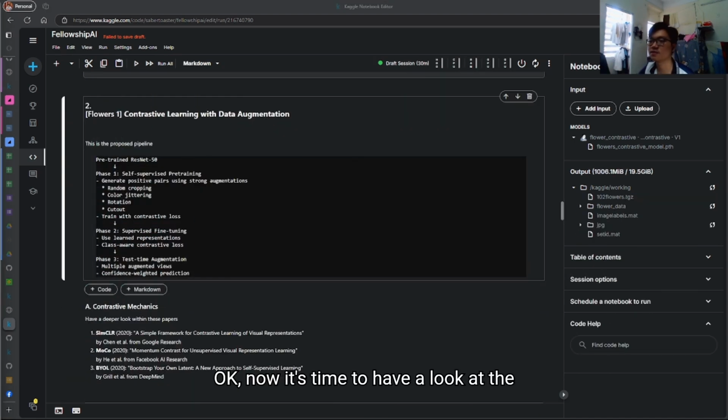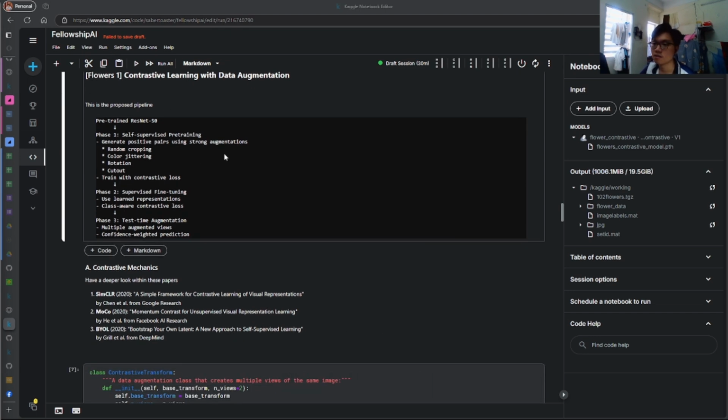Okay, now it's time to have a look at the proposed pipeline. There are 3 phases in total. And first step, we need to obtain a pre-trained ResNet 50 from the Torch Vision API and put it into the first phase, self-supervised pre-training. In this phase, we implement contrastive learning for robust representation learning.